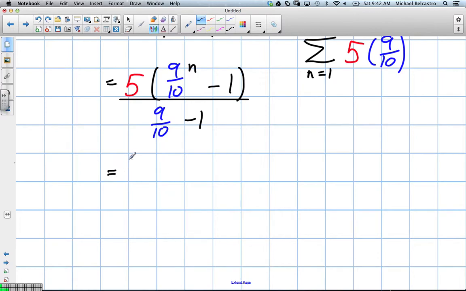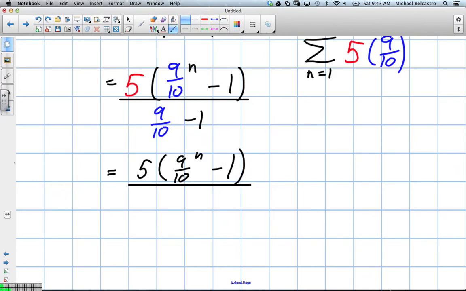Now, we'll evaluate the bottom, and then we're going to talk about 9 over 10 to the power of n specifically. So 9 over 10 subtract 1 is going to give us, do you know off the top of your head? Not 9 over 10, but think of this like negative 1 over 10. Yeah, that's right. I quickly changed this to 10 over 10. We subtract, and it becomes negative 1 over 10.